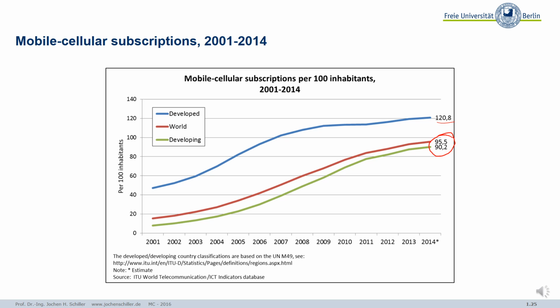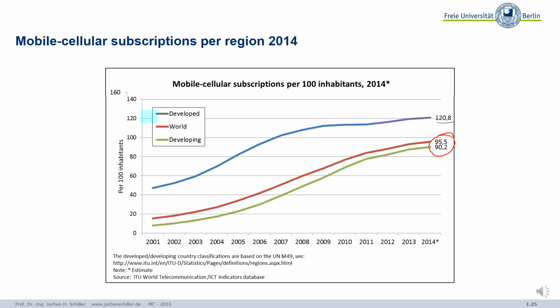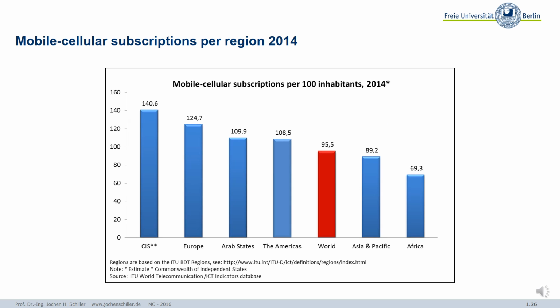Try to install fixed networks in countries where you have crisis. How? Very difficult. The first thing that's interrupted are fiber optics, copper wires. Very difficult. And you also find figures for the penetration, so mobile cellular subscription per 100 inhabitants in the CIS, that's the former Soviet Union, more or less, to be politically correct, Europe, Arab states, etc. So you see extremely high rates.